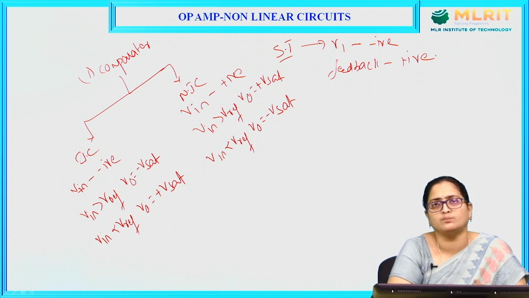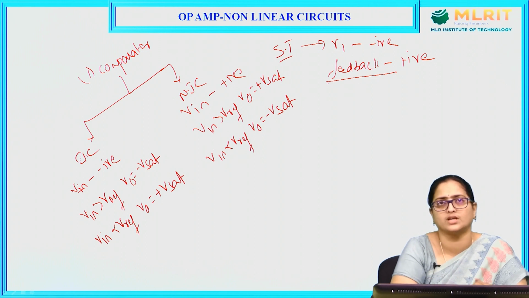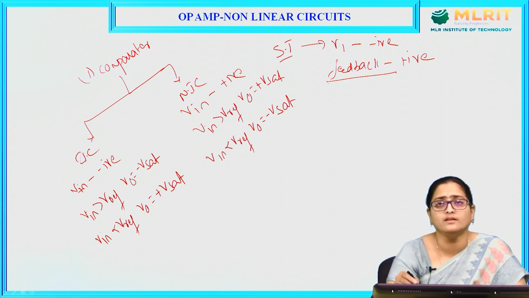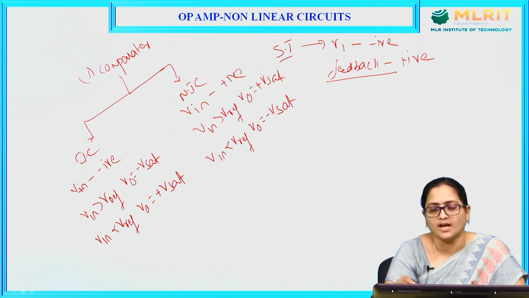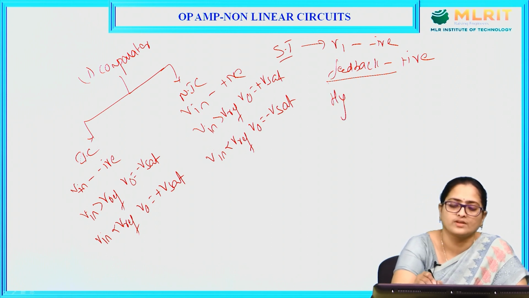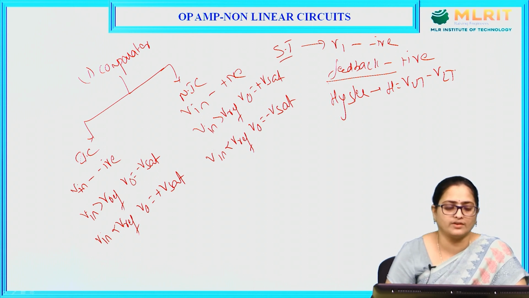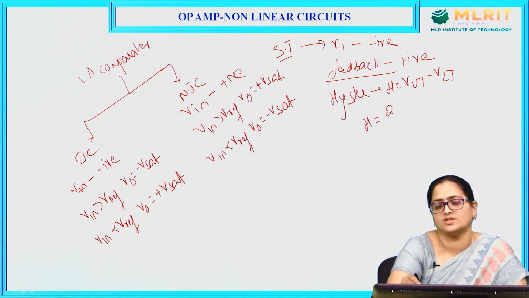For an inverting comparator, if you keep a resistive feedback network, it works as a Schmitt trigger, and it forms a hysteresis, which is given as the difference between the upper threshold voltage value and the lower threshold voltage value, and the hysteresis value is given as 2R2 into Vsat divided by R1 plus R2.